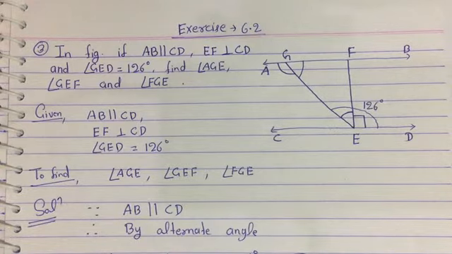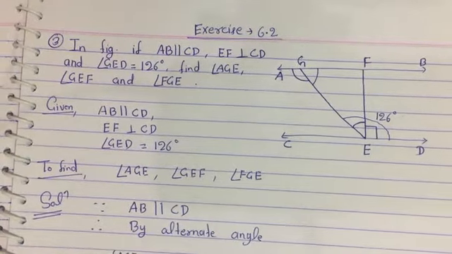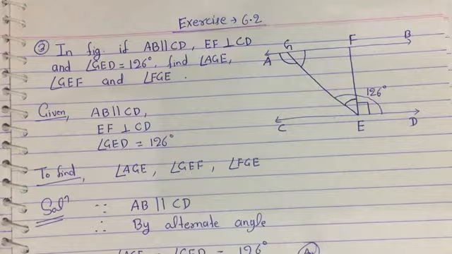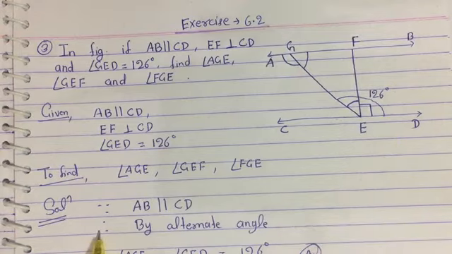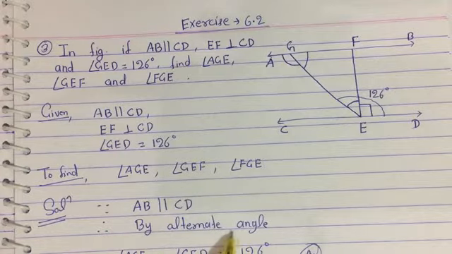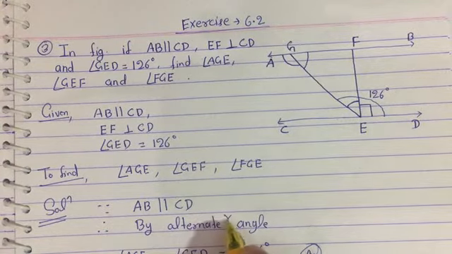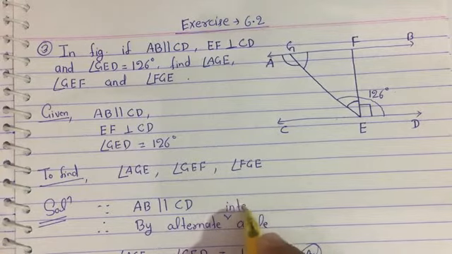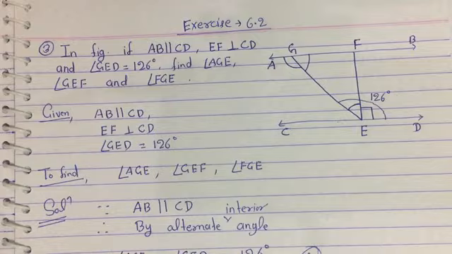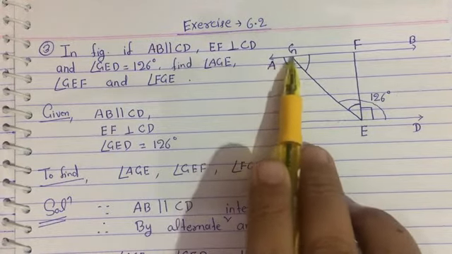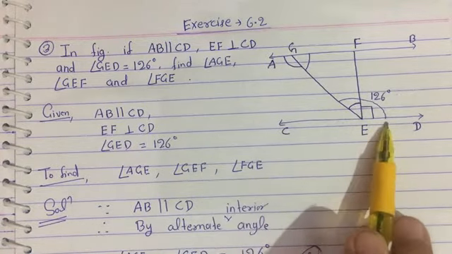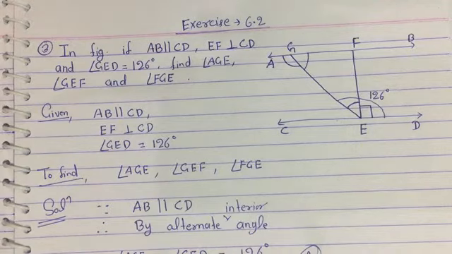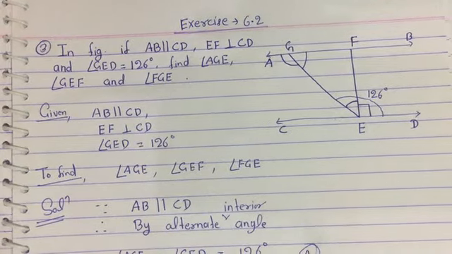Now we are going to write this concept. Since AB is parallel to CD, therefore by alternate interior angles, angle AGE is equal to angle GED, and the measurement of this angle is 126 degrees. That's why angle AGE is equal to 126 degrees. This is your first answer.